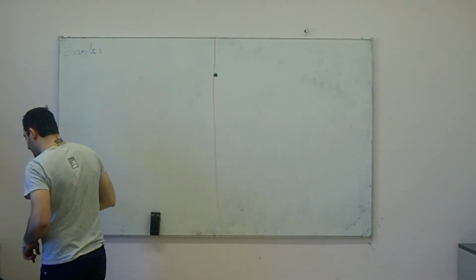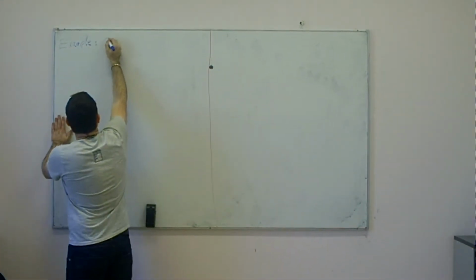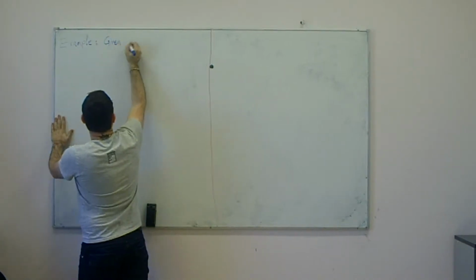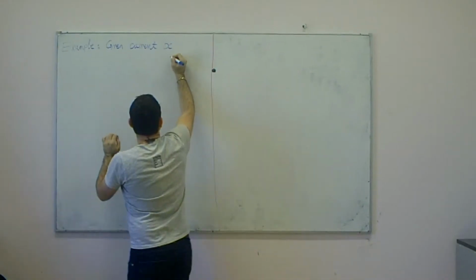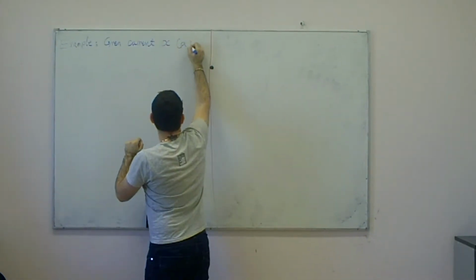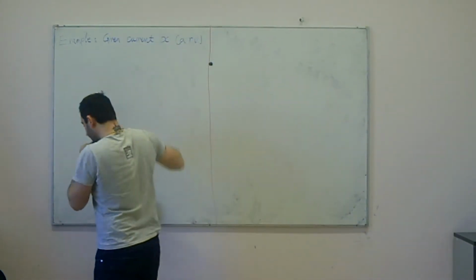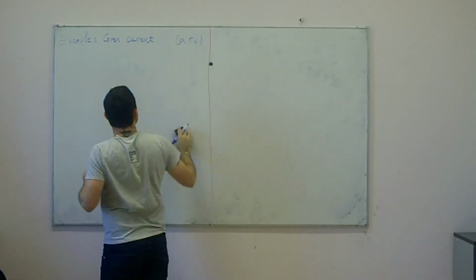And this example is this. Given current x, it's a random variable, so we should calculate it.